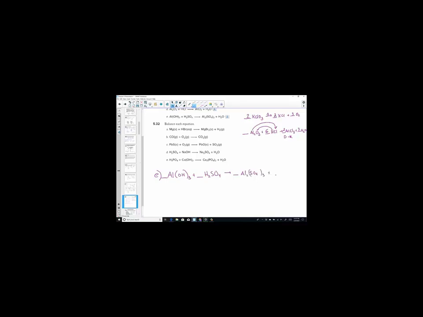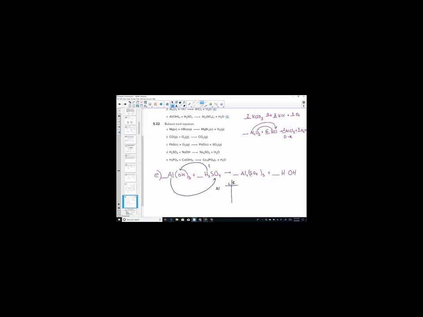And now for water, watch what I'm going to do. I'm going to write that as HOH. That's water, 2 H's and an O, but this is why I like to do it. Aluminum went to sulfate, hydrogen went to hydroxide. Notice now when I go to balance this equation, I have 4 characters.